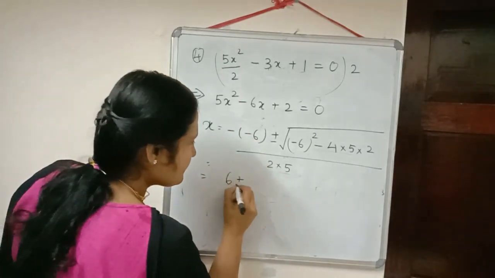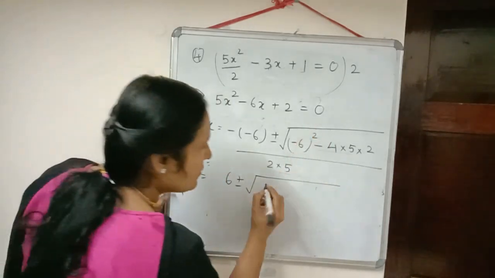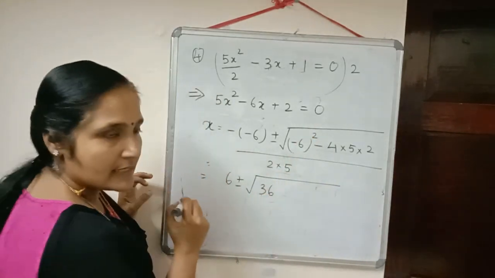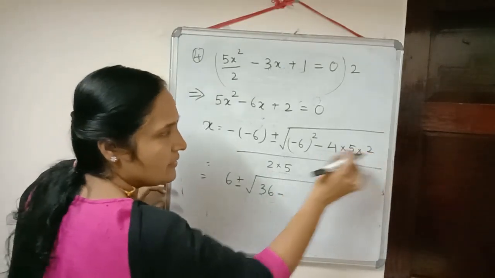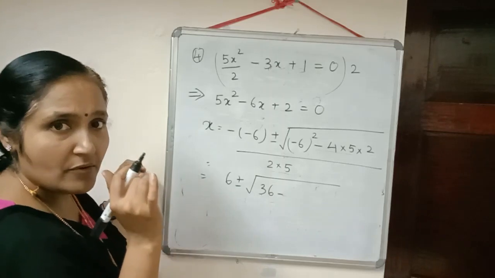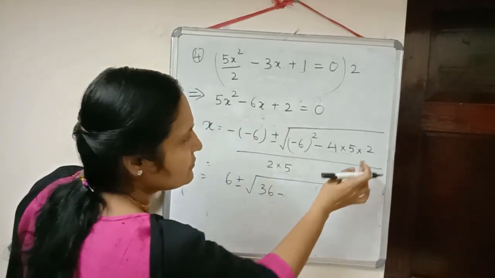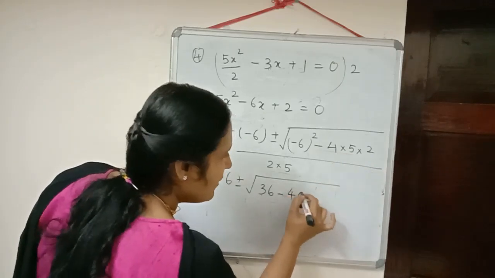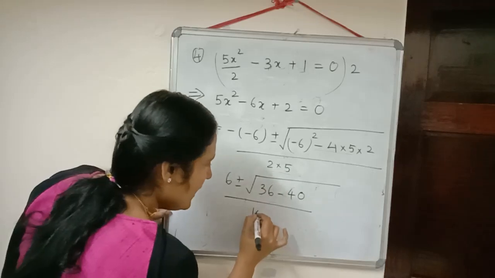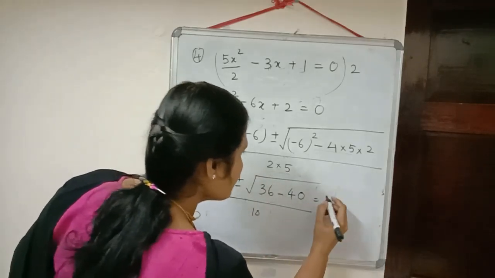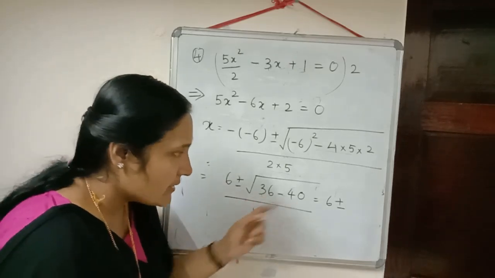So 6 plus or minus square root of minus 6 the whole square will be equal to 36, minus 4 into 5 into 2. 4 2s are 8, 8 5s are 40, by 2 5s are 10. So we are getting here 6 plus or minus 36 minus 40.